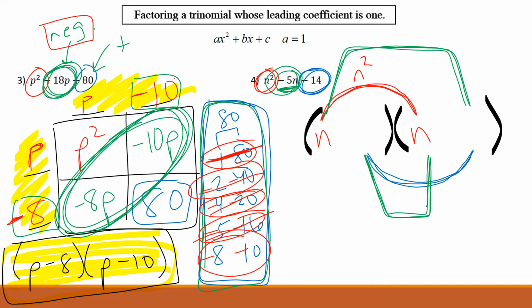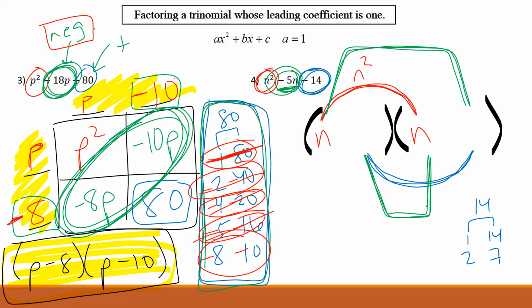When you combine those two terms, the green, that's what gets you the negative 5n. So here's where I need to check, again, things that multiply to 14. Well, I'm still probably going to need to think about a list. So 14, so 1 and 14, 2 and 7, that's it.